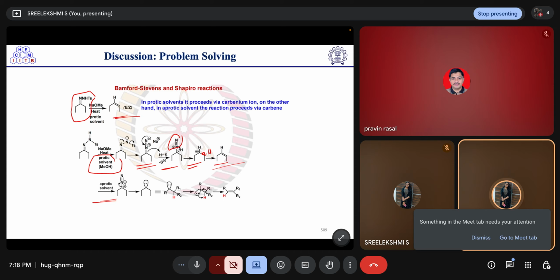This negative charge will already be over here, and once N2 leaves, instead of this carbocation, it will be this particular intermediate, so that we can write like this. Then again this R2 is migrating over here, and this will take this proton to form this kind of alkene. So the reaction can take place in protic or aprotic solvent, but the product will depend on which solvent we are using.